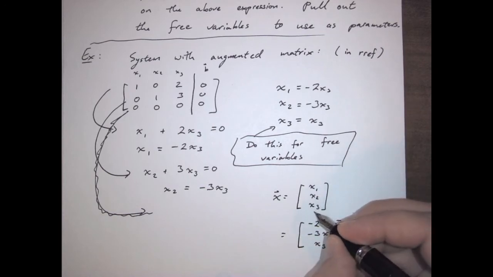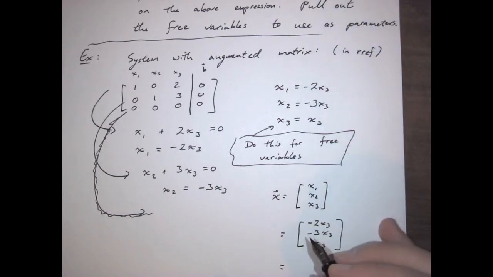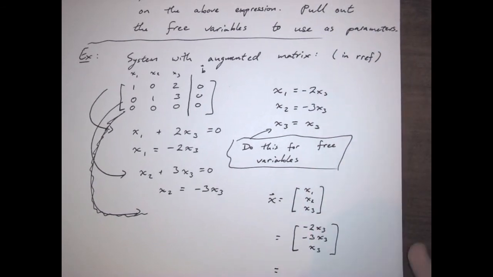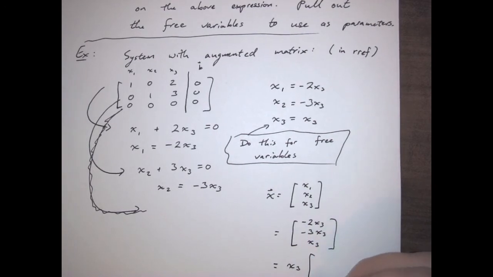So x1, x2, x3 are all like this, and then we pull out the free variables to use as parameters. Here there's only the one free variable, x3, so I'll pull that out to the front. It will be the parameter here, and we'll have x3 times negative 2, negative 3, and then 1.